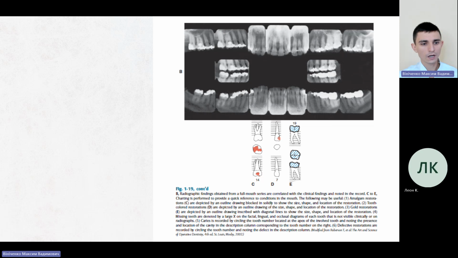Gold restorations are depicted by an outline drawing inscribed with diagonal lines to show the size, shape, and location of the restoration. Missing teeth are denoted by a large X on the facial, lingual, and occlusal diagrams of each tooth that is not visible clinically or on radiographs.